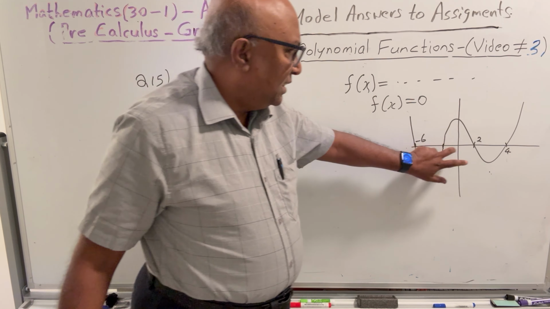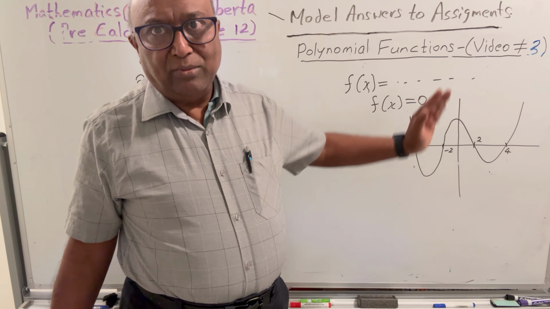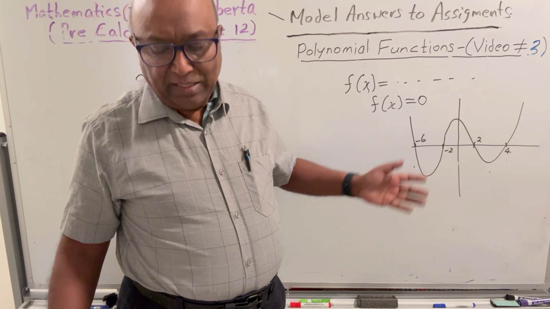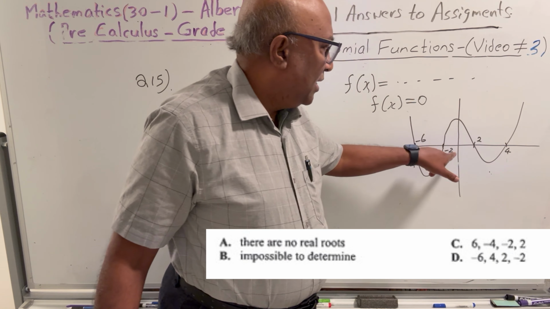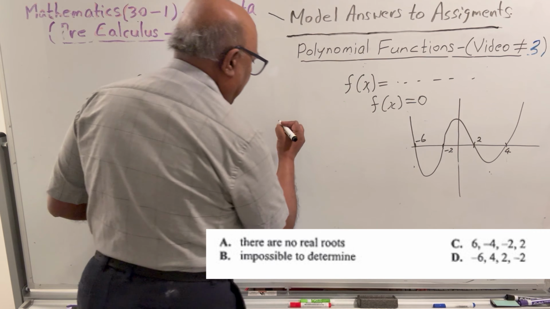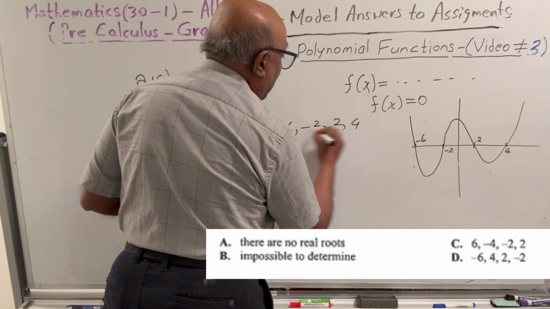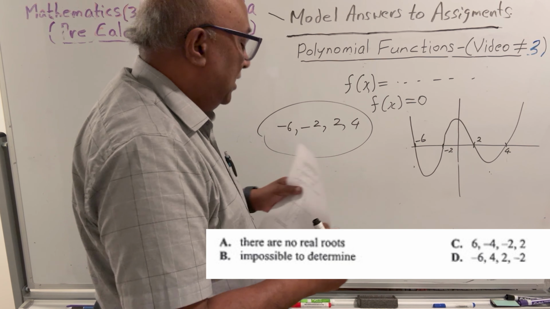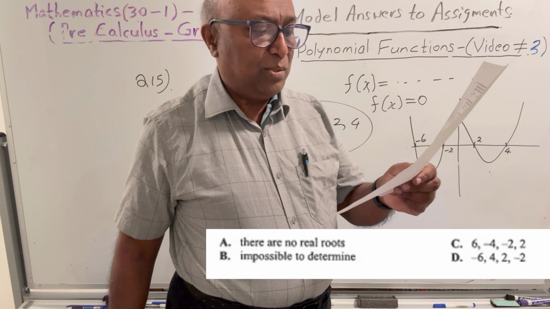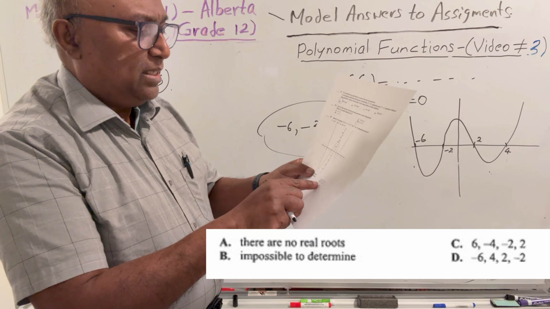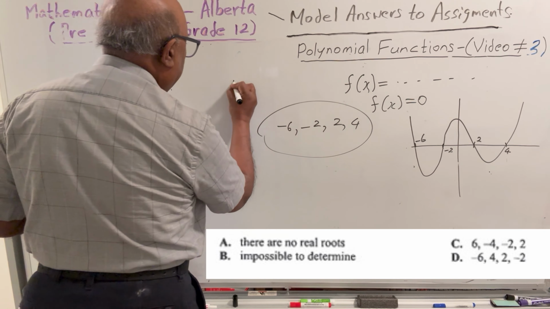Directly we can read the x-intercepts. Really, roots are the x-intercepts, no? The roots of the polynomial equation are the x-intercepts. These are the roots clearly: -6, -2, 2 and 4. These four values are included in option number D. Option D: -6, 4, 2, -2. Yes, the answer is option number D.